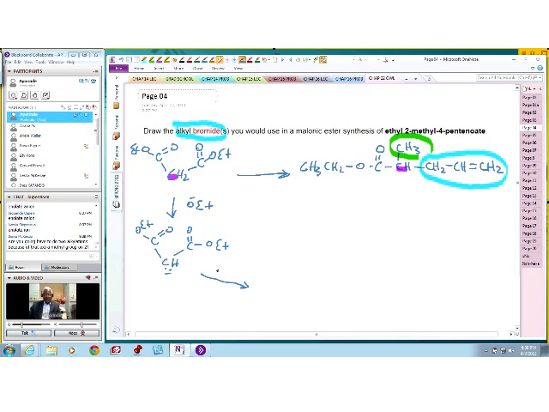So what do I do here? I could do the methyl iodide. I do methyl iodide, and then that gives me, let me use a different color here, a green color, so I have this.